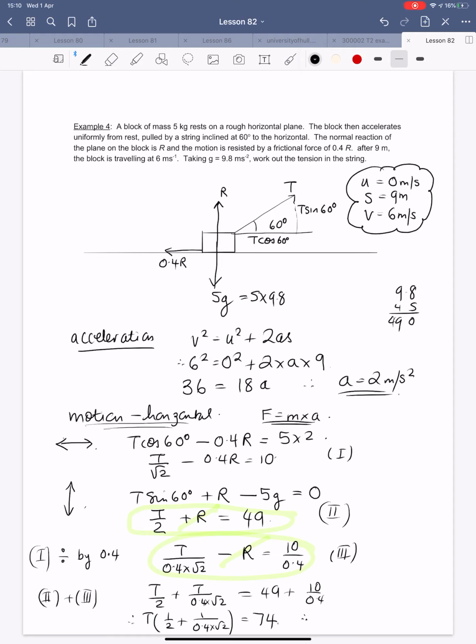Then I've got to divide. So T equals 74 divided by 0.5 plus 1 over 0.4 times root 2, which is my answer on my calculator. So I do 74 divided by answer, 32.6.